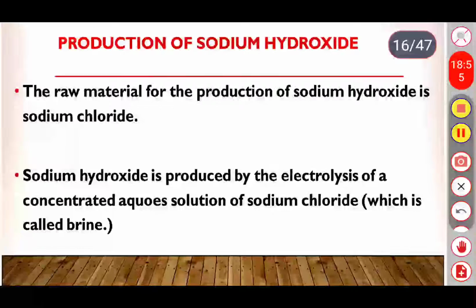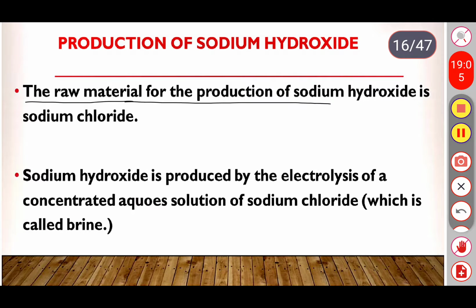Okay, next one, production of sodium hydroxide. The raw material for the production of sodium hydroxide is sodium chloride. With the help of sodium chloride we can prepare sodium hydroxide.